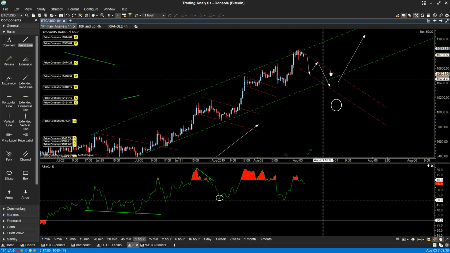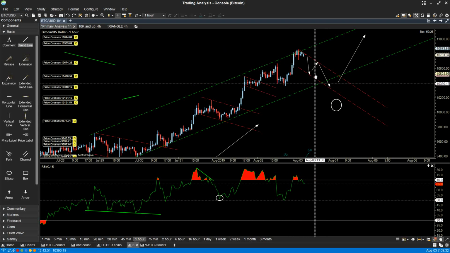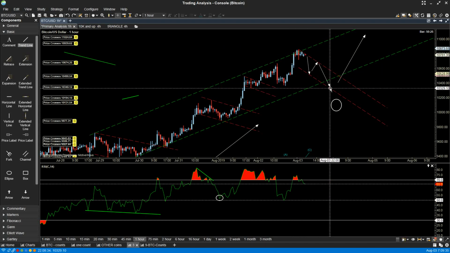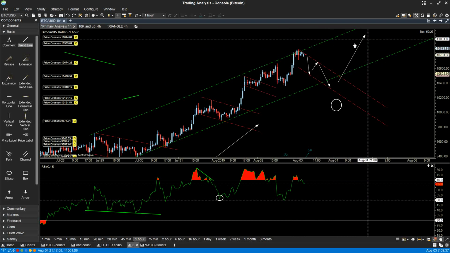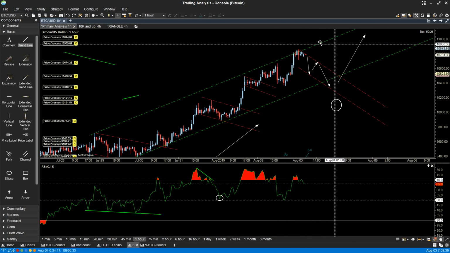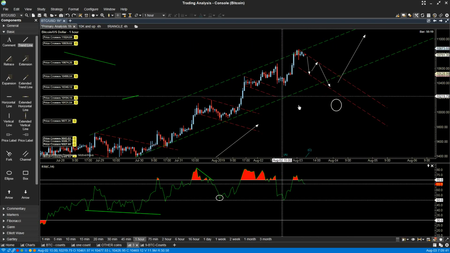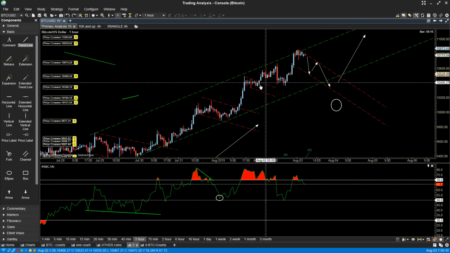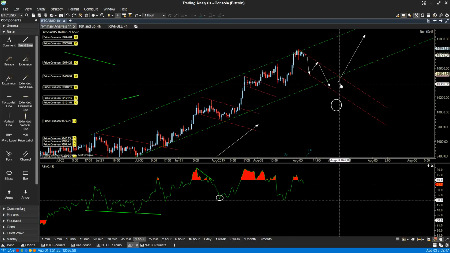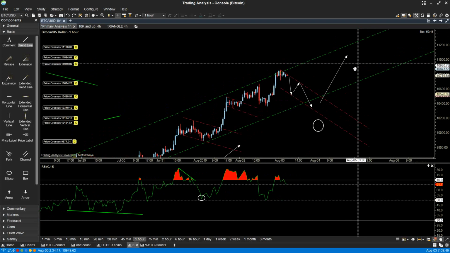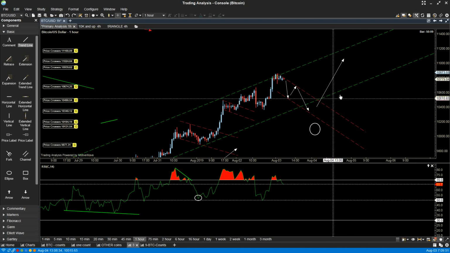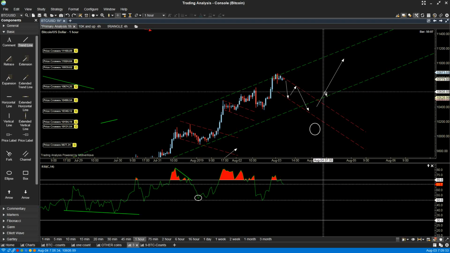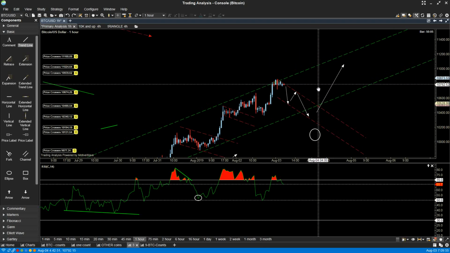Usually, when you see a spike outside the green channel, and then the market enters the green channel, I see this at the very end of a tired swing or a tired trend. So if I see this happening and then the market enters here, I would assume that the next swing high here will be my last swing.